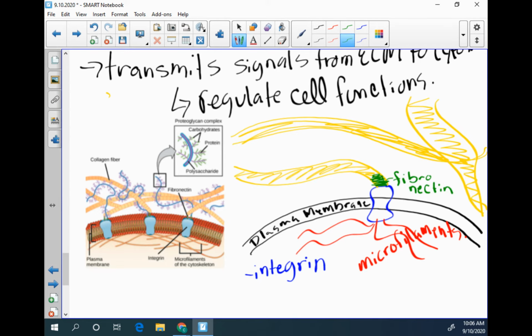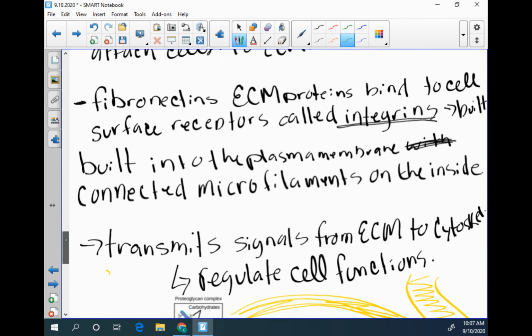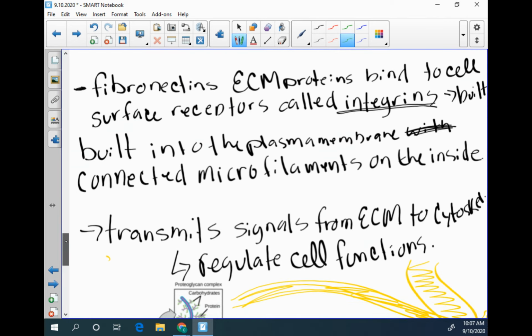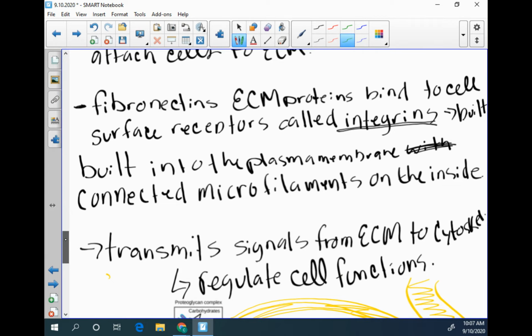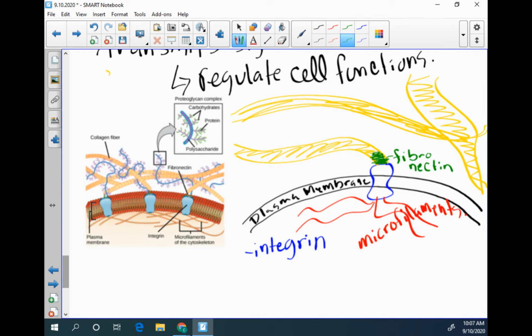So as we recall, our fibronectin binds to cell surface receptors and connects our extracellular matrix. So our fibronectin is what connects our integrins to our collagens.